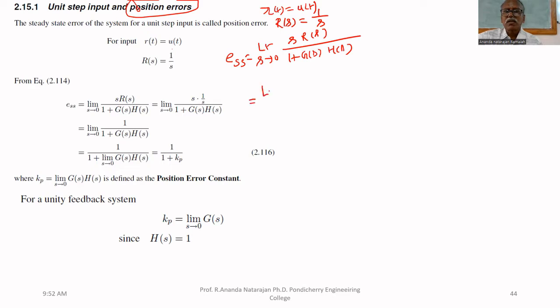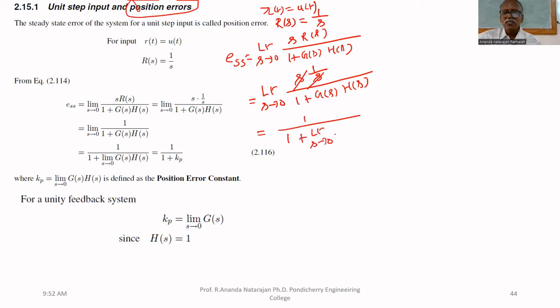That is equal to limit s tends to 0, s times 1 upon s, over 1 plus G of s, H of s. The s gets cancelled. Or I can write it like this: 1 by 1 plus limit s tends to 0, G of s, H of s. Can I write like that?